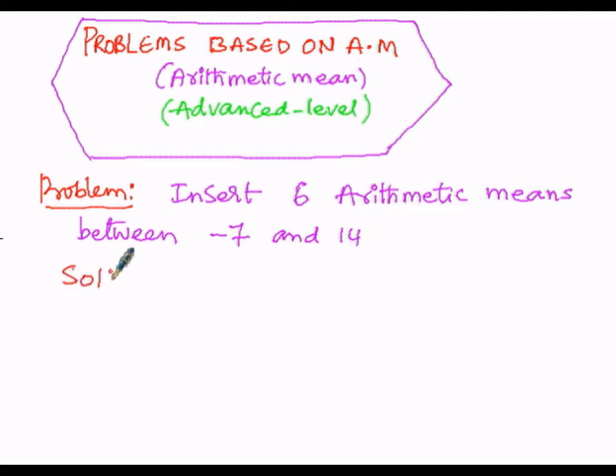Solution starts now. As per the problem, we have to insert 6 arithmetic means between -7 and 14.